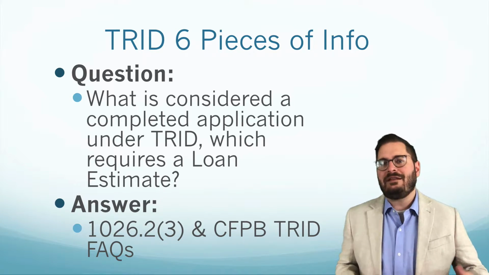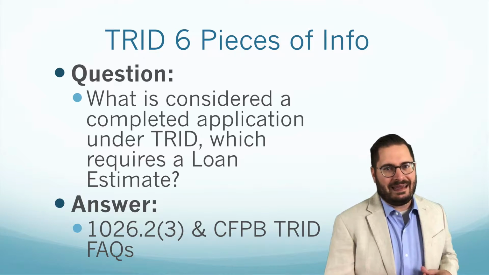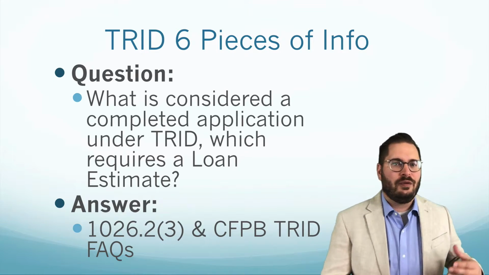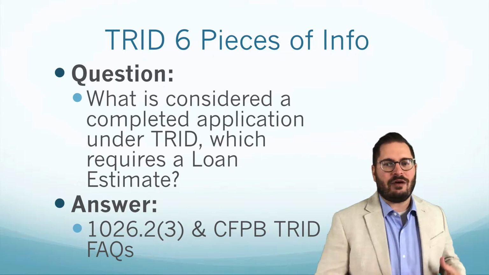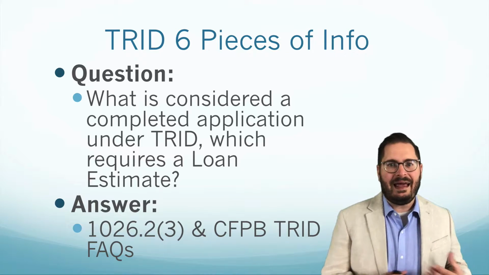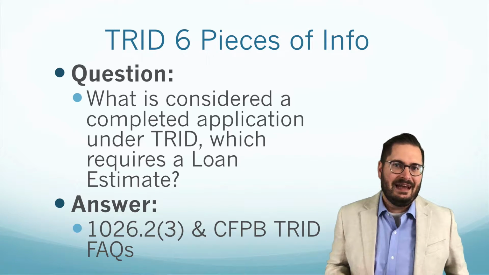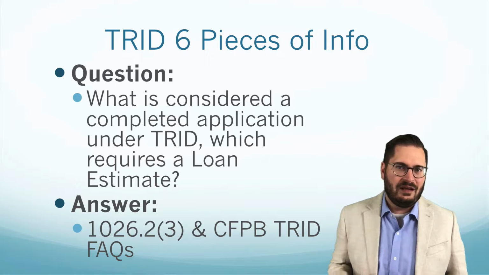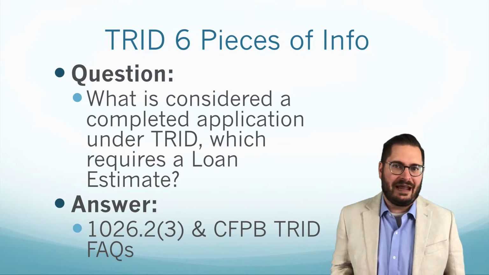Now, I bring this up because I once met a loan officer who was trained incorrectly that they did not have to provide a loan estimate until they pulled credit on a customer when they received an application.